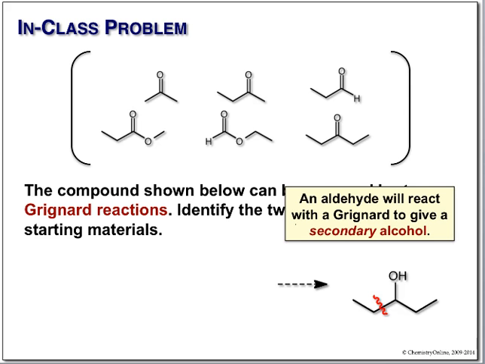The carbonyl carbon of the aldehyde must be attached to a 2-carbon chunk, and therefore it must be that. The Grignard is this 2-carbon chunk. So once again, it's an ethyl group. Ethyl magnesium bromide.